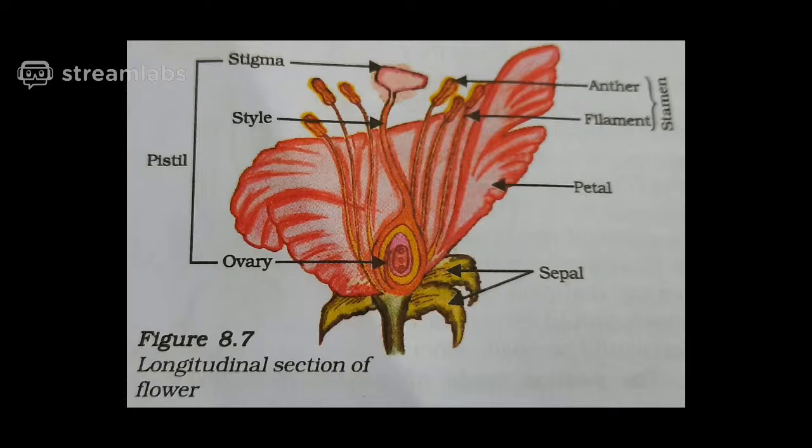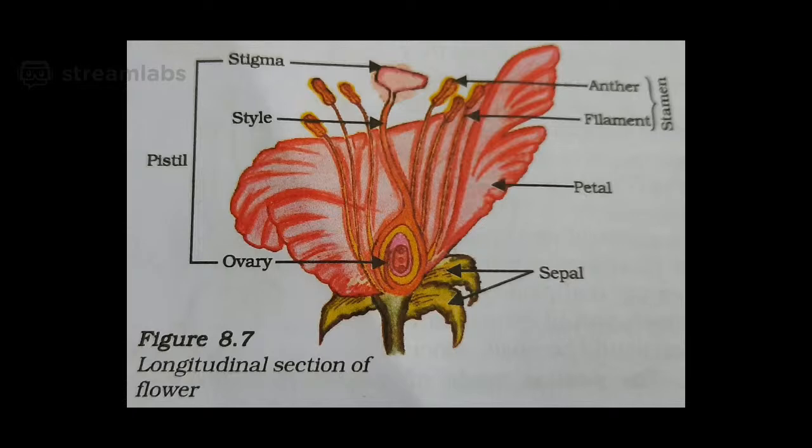If the transfer of pollen from the stamen to the stigma is of the same flower or the same plant, then it is self-pollination.